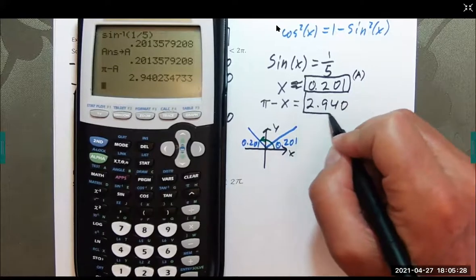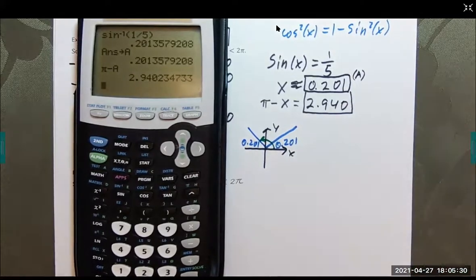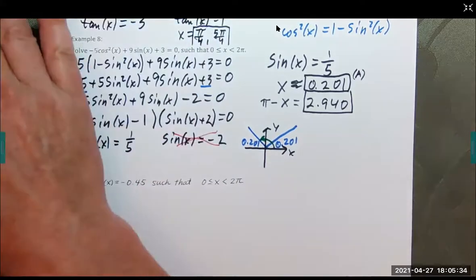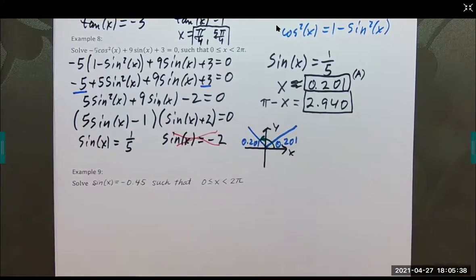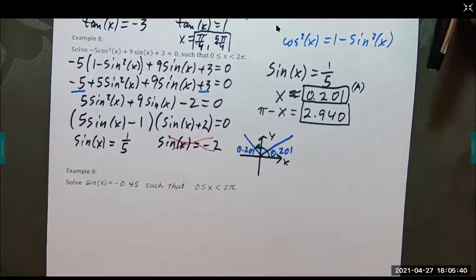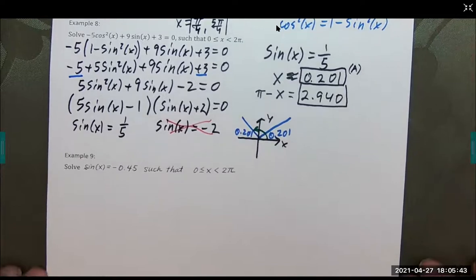There is my other answer. You have to really think about what it is that you're doing. If you need to draw it out like that, you can do that as well. You also need to know what quadrant sine is positive in. A lot going on here.